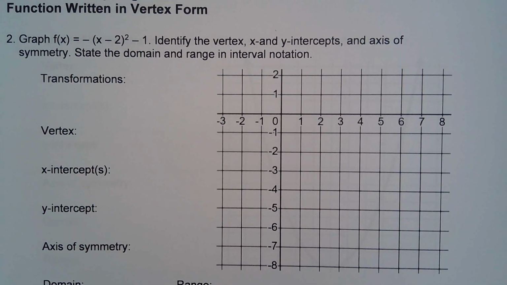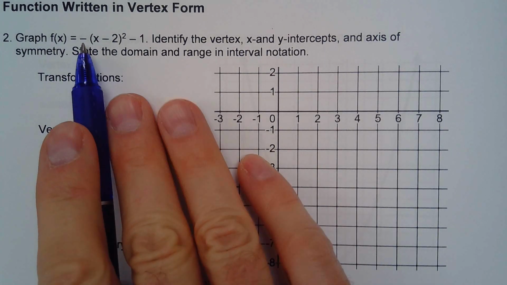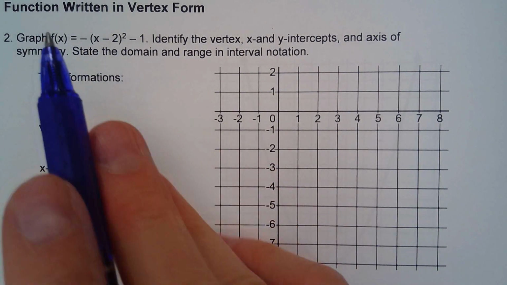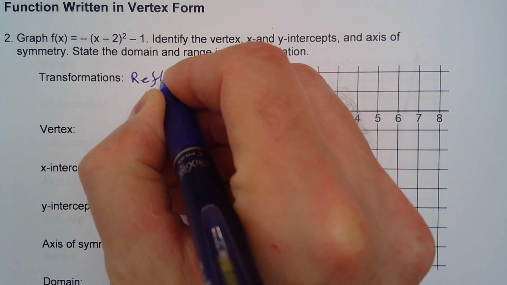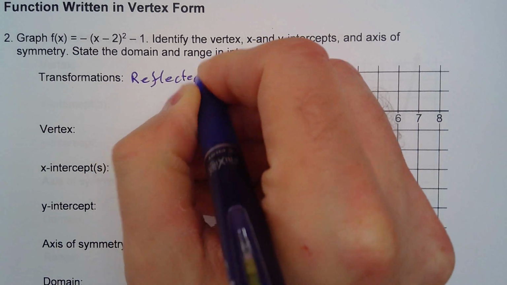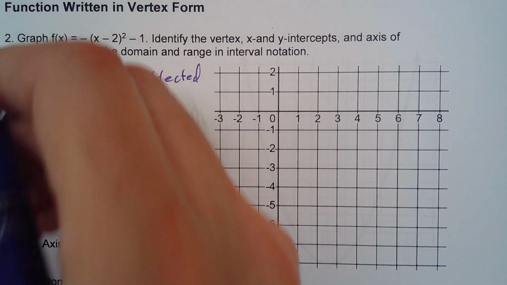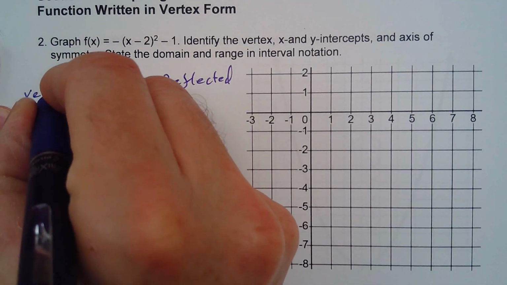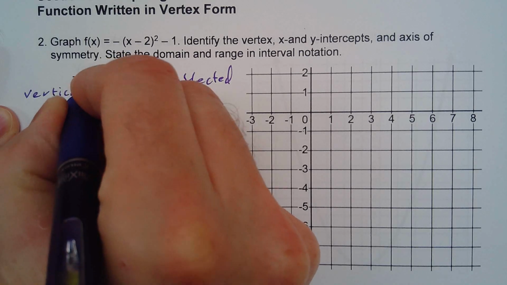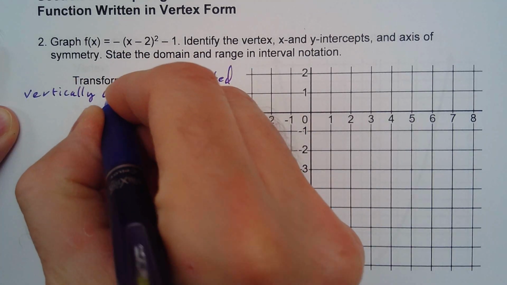So now we want to graph f of x equals negative (x minus 2) quantity squared minus 1. And I'm kind of doing the same thing. So my transformations, we do have a reflection. So this is reflected vertically across the x-axis.